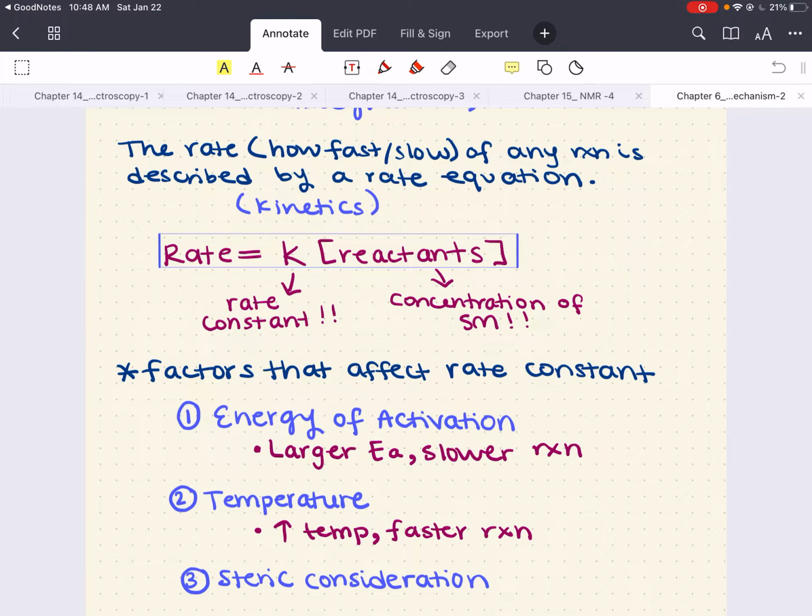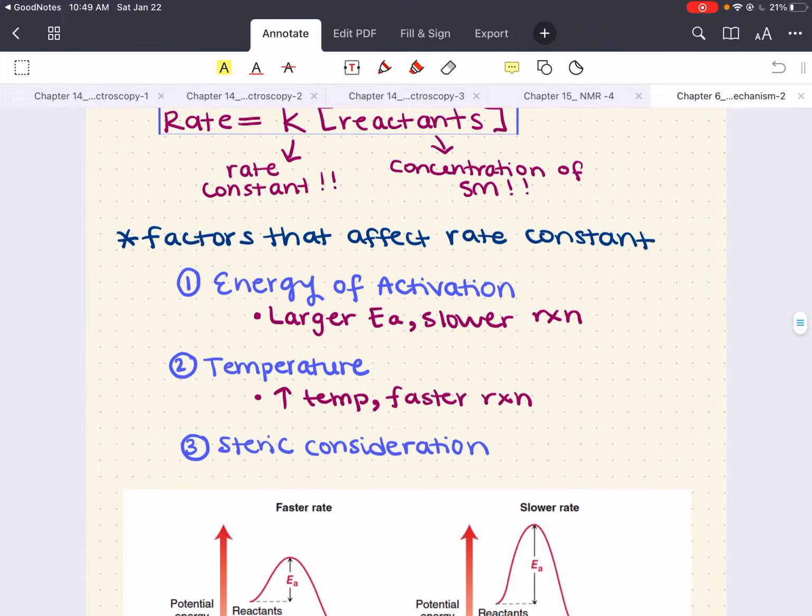Now, a rate constant is specific to each reaction and dependent on a few factors. What are the factors that affect rate constants? Well, first and foremost, the energy of activation. The energy barrier between the reactants and the products is called activation energy. The larger your activation energy, the slower the reaction.